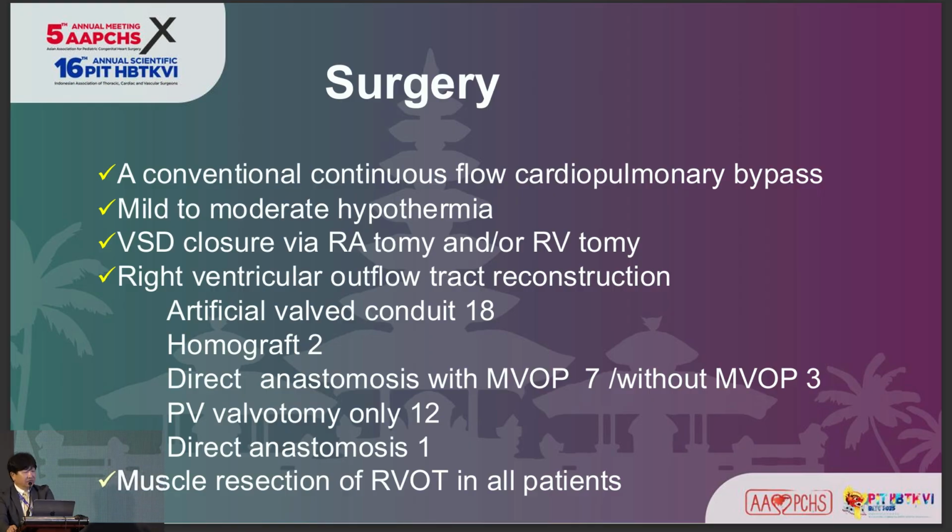For right ventricular outflow tract reconstruction, an artificial valve conduit was used in 18, homograft in 2, direct anastomosis with LVOT in 7, and without MVOP in 3. Pulmonary valvotomy only was 12, direct anastomosis was 1, and muscular resection of the RVOT was done in all patients.